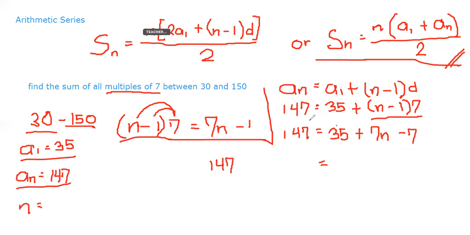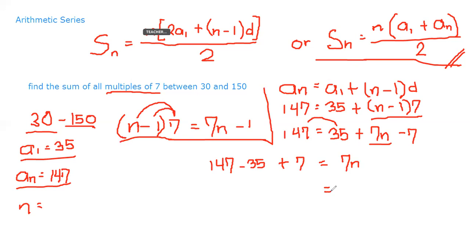Then, si 35, lipat natin to other side of the equation kasi kailangan ma-isolate natin yung letter n, or the variable n. So, 35, move natin to other side. From positive 35, magiging negative 35 siya. Then, from negative 7, magiging positive 7 siya. Then, ito naman, 7n na lang. So, 147 minus 35 plus 7, what will be the answer?